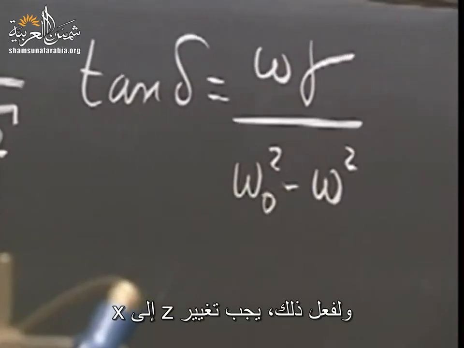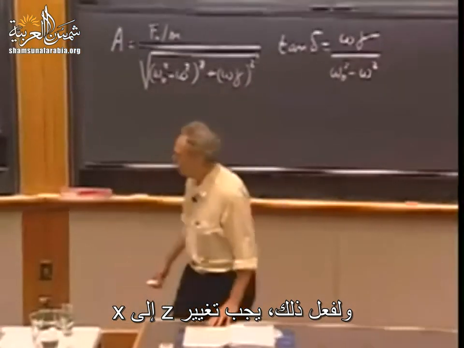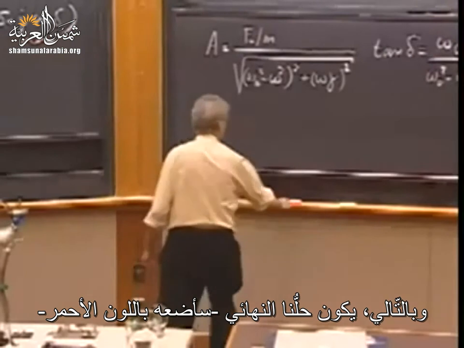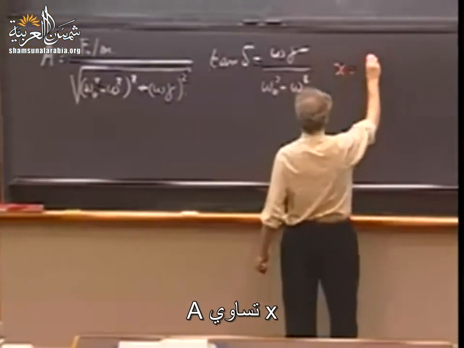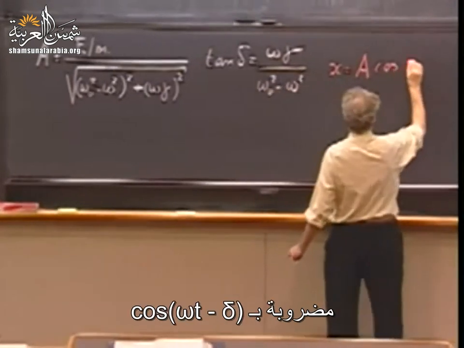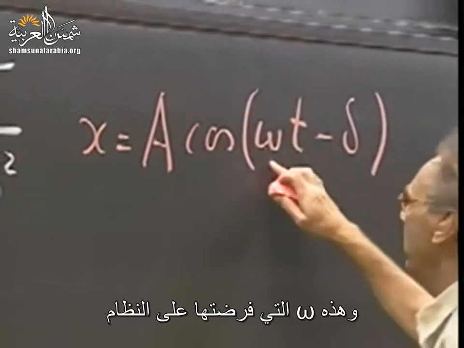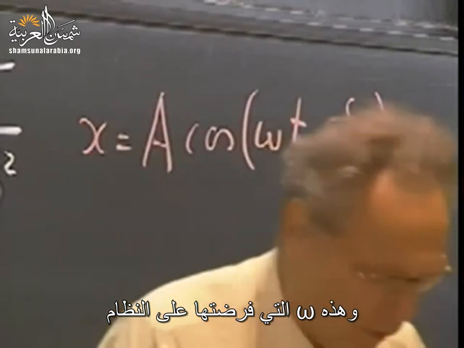And if we return to the real world, we have to change z back into x. And so our final solution, which I will put in color, would then be that x as a function of t is this amplitude A times the cosine of omega t minus delta. And that is the omega that is my will that I impose on the system.